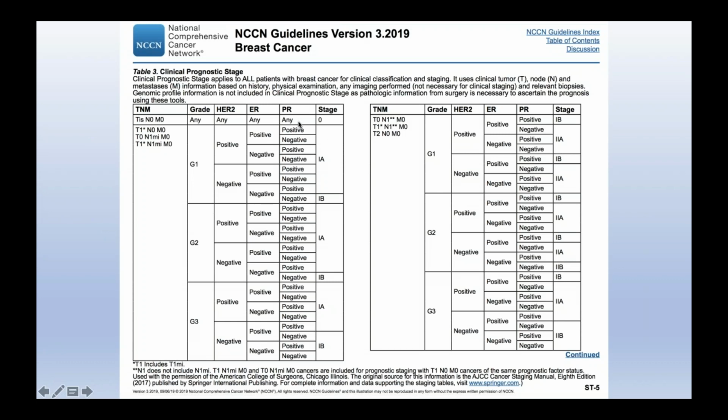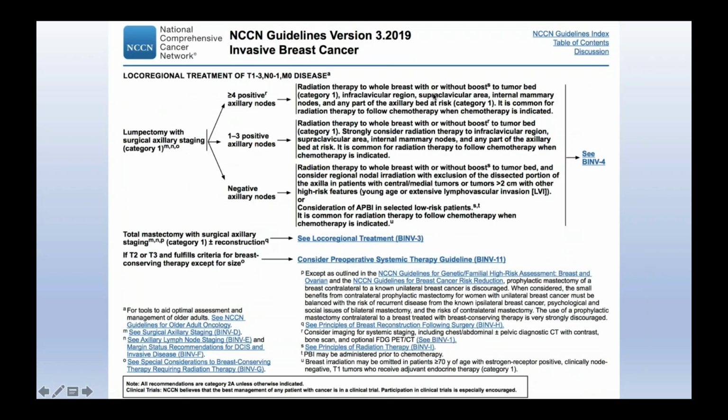And this is just a screenshot of the guidelines that are put out by the National Comprehensive Cancer Network, NCCN. This is something you can absolutely ask your oncologist about. What was the TNM grade and the score, and what stage does that correspond to?